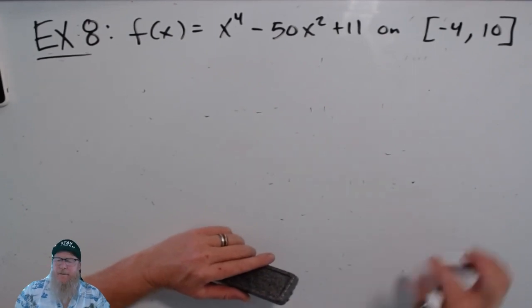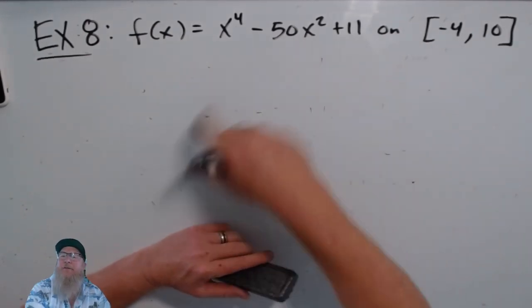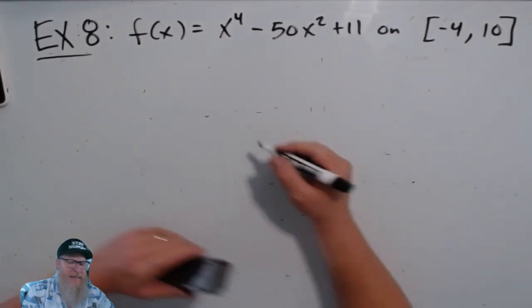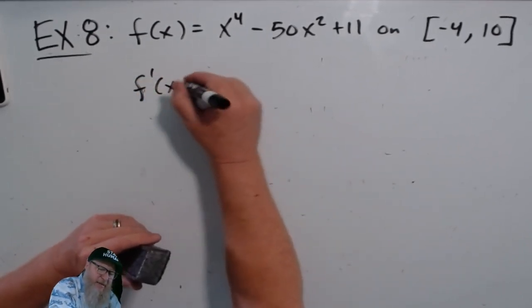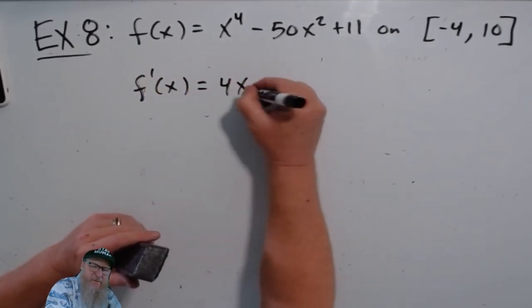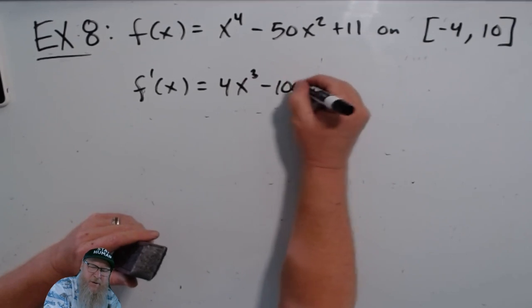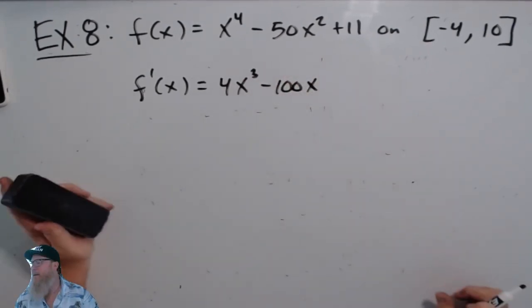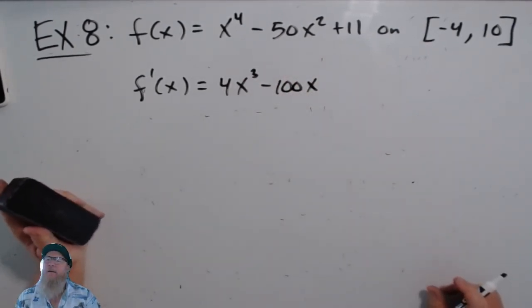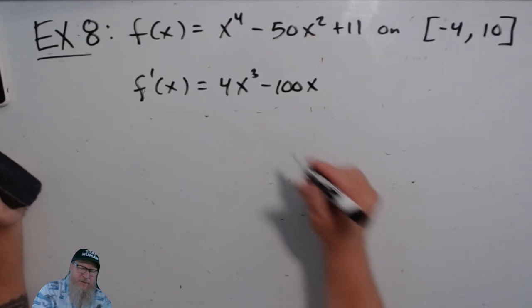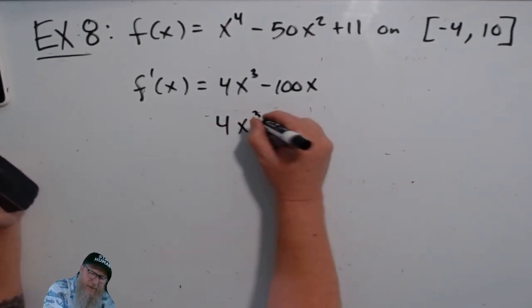All right. So again, we have A, we have B, and then you use the derivative to find C. So f prime of x is 4x cubed minus 100x. And then you try to find a C value, so you're going to set this equal to 0.